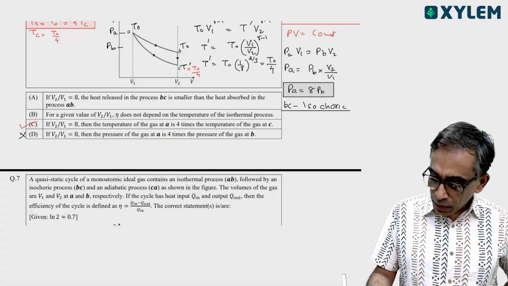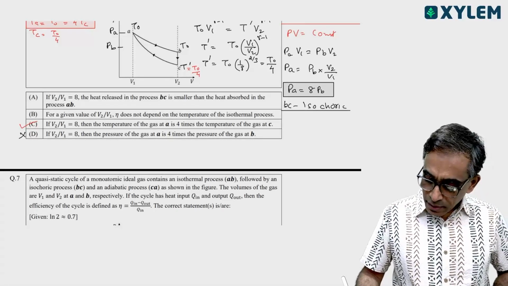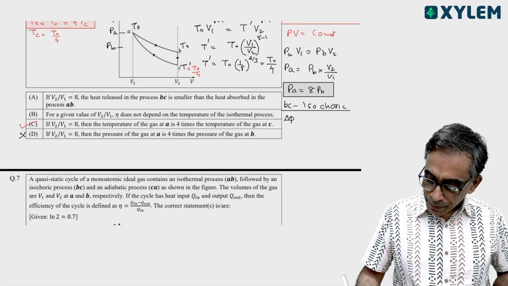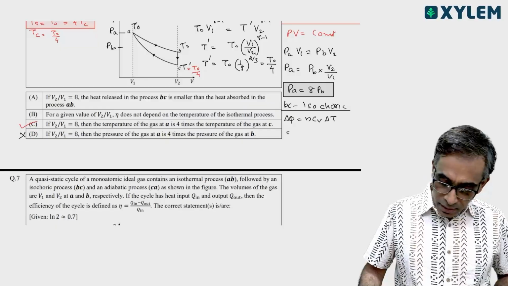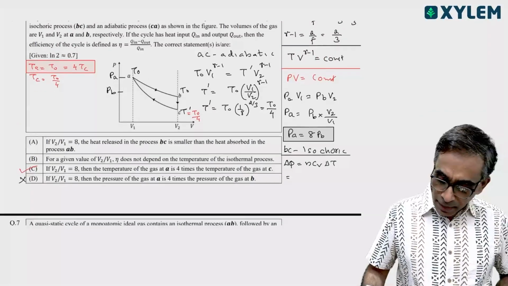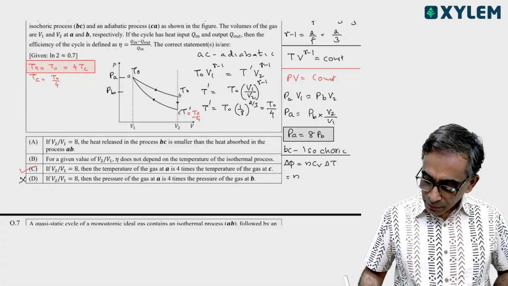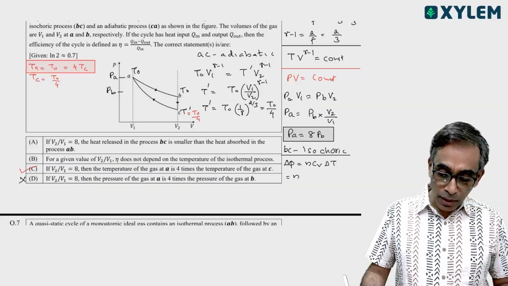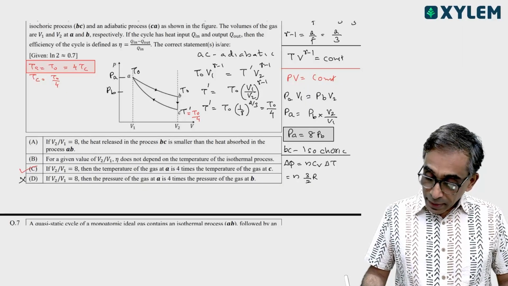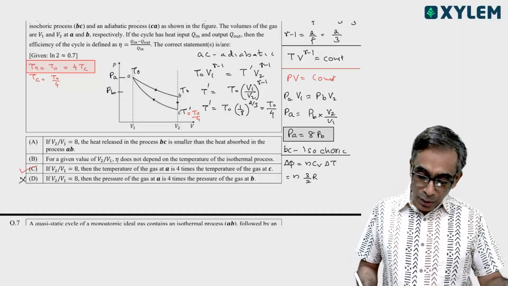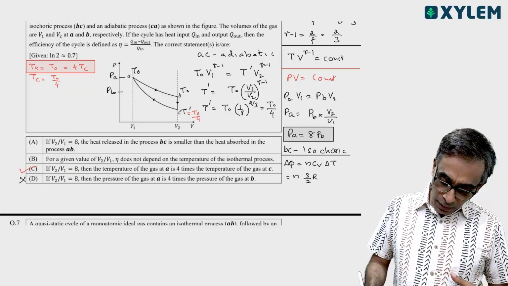In isochoric, heat released delta Q is equal to n CV delta T. N not mentioned, so let me write it as n itself. CV is monoatomic, so CV is 3 by 2 R, into delta T. It said B to C, BC.